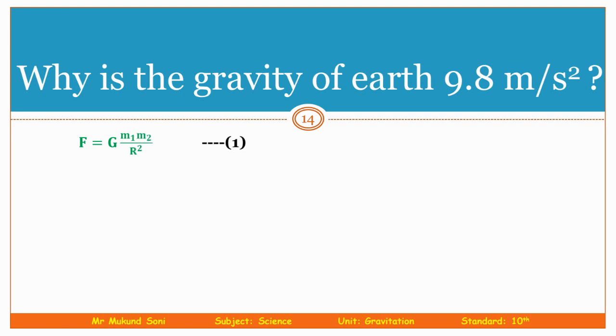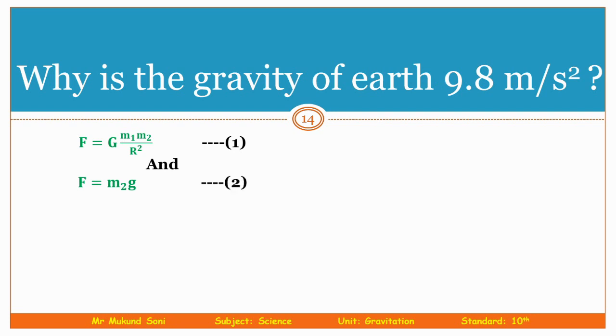To calculate it, we need the formulas of the forces given by Newton. First formula is the force of attraction between the bodies, that is gravitation, the force of gravitation. And the second formula is mass into acceleration, our famous favorite one.